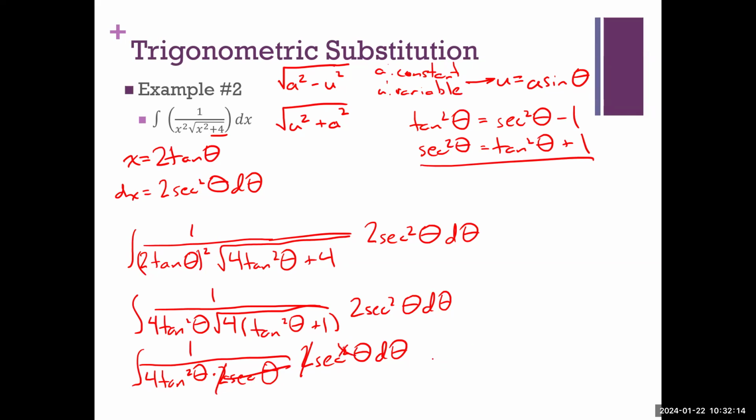Okay, so what do we have left? We have the integral of secant theta over 4 tangent squared theta d theta. Really shouldn't have written so large. So what might we do now?